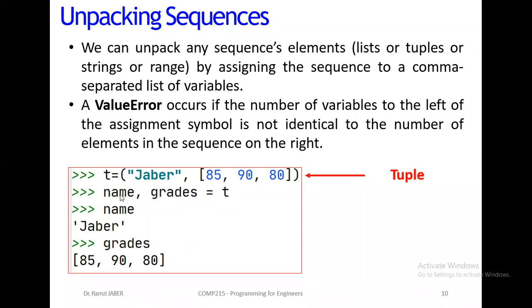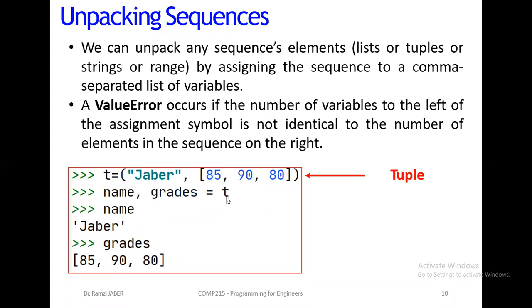So variable name, comma, variable grades equal T. Now, automatically, because we have two variables to the left, the sequence must contain two elements. T has two elements, Jabir and a list.